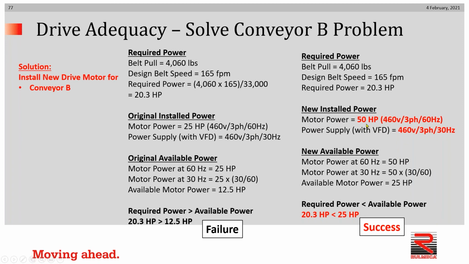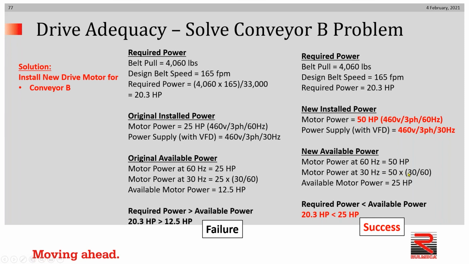We are going to install a 50 horsepower motor designed to run at 460 volts, 3-phase, 60 hertz, use a VFD to decrease the power supply frequency to 30 hertz. Let's see what power is available. 50 horsepower is what we have installed. We decrease the frequency to 30 hertz.